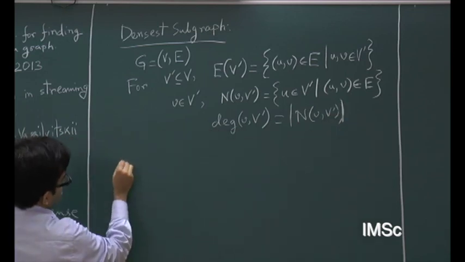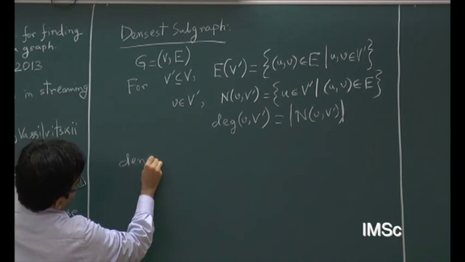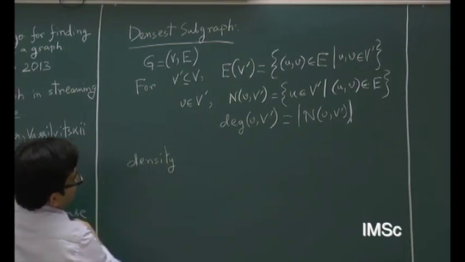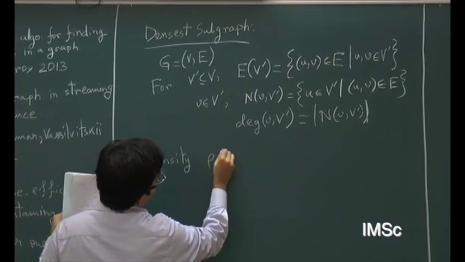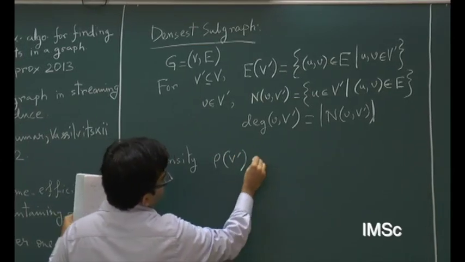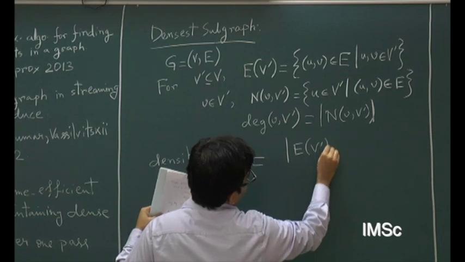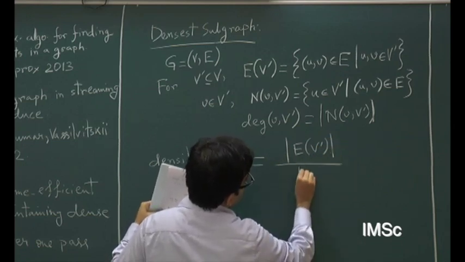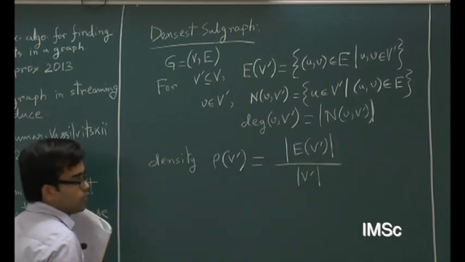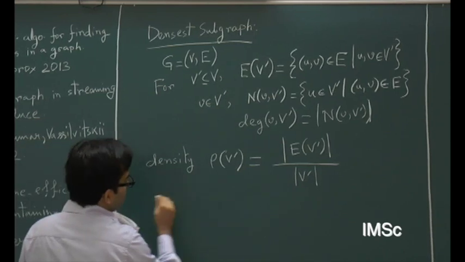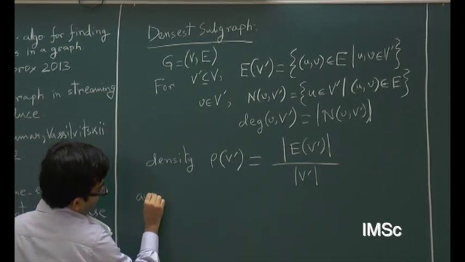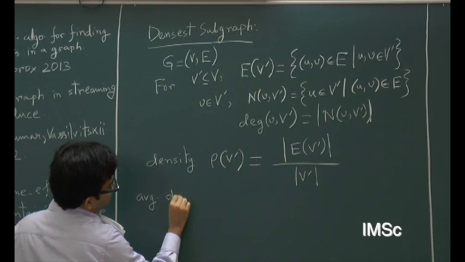Now, the density of this subset of nodes is simply the number of edges in this induced subgraph divided by the total number of nodes. This is closely related to the average degree.